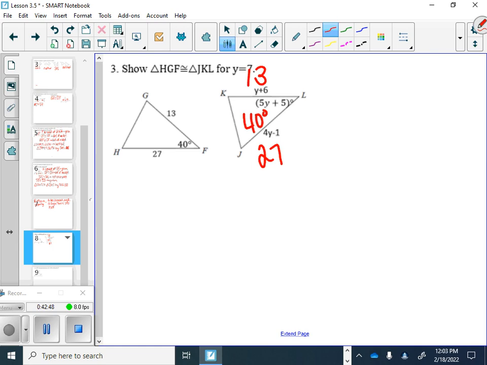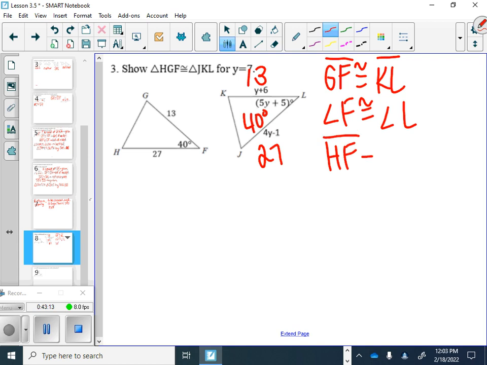Okay, so notice that that matches my other triangle. Now I just need to list out my pieces. Which side is congruent to GF? KL, good. Which angle is congruent to angle F? L. And which side is congruent to HF? JL. Side, angle, side. So I don't even have to put a reason here because I can just see numerically that they're equal.